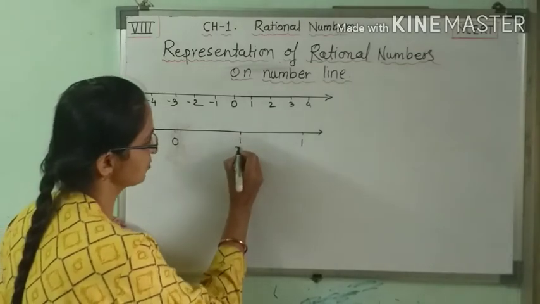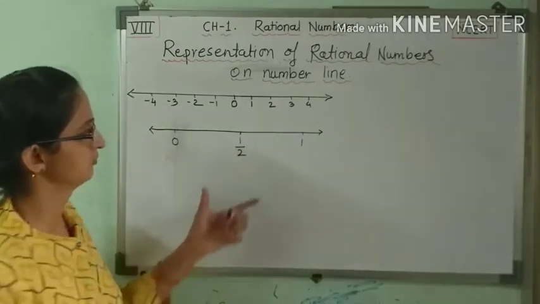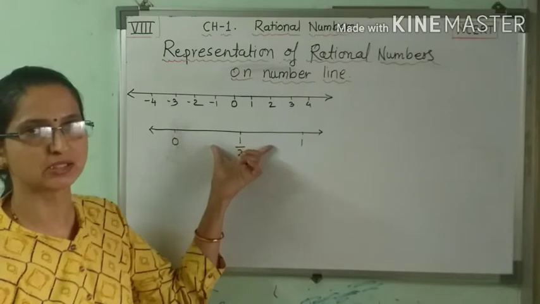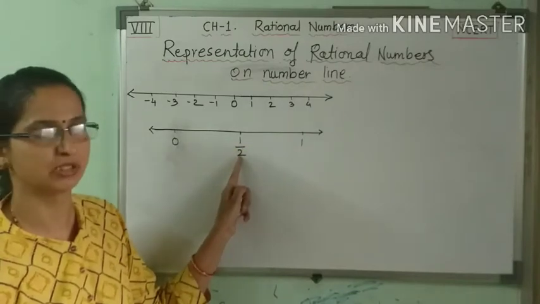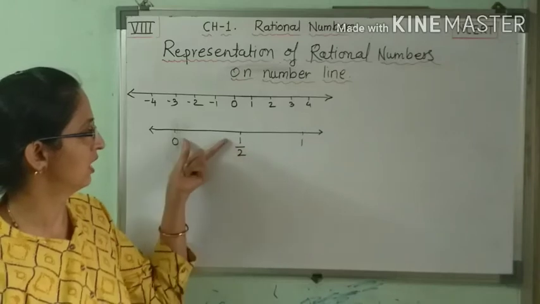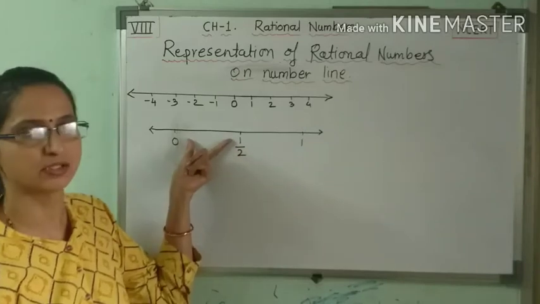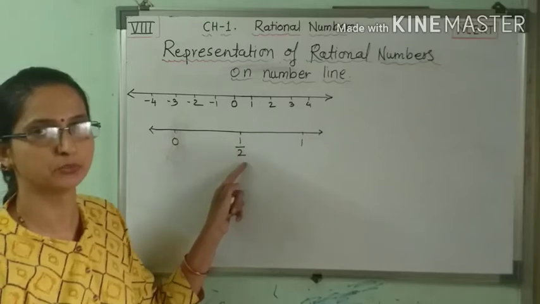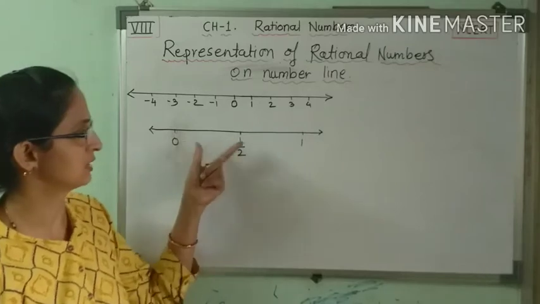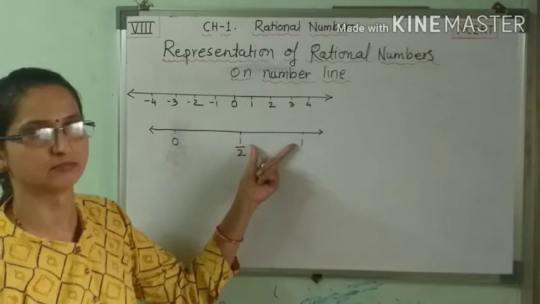So I label this point as half. Here two equal parts are there, so the total number of parts is 2, that is the denominator. And I have selected only one part, so 1 upon 2. Each part represents half.